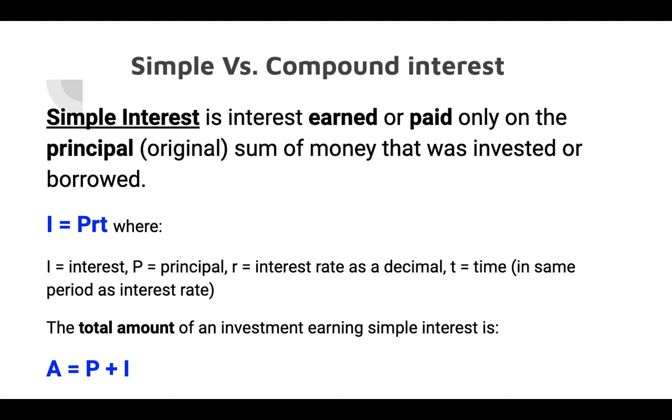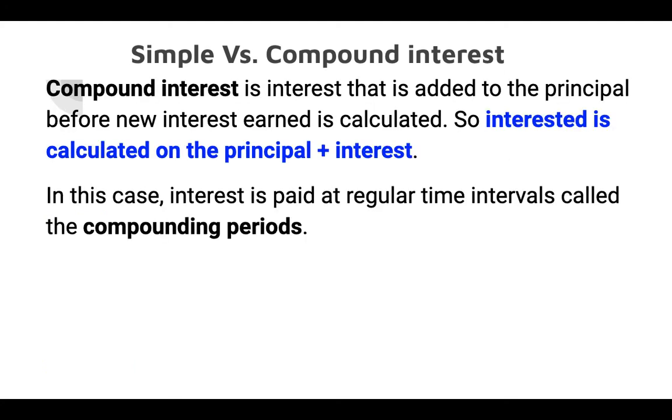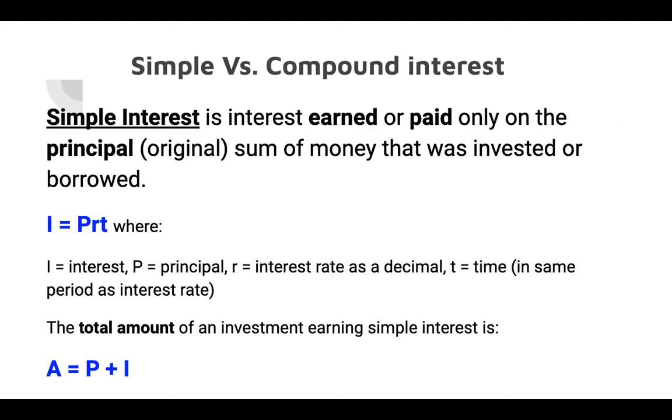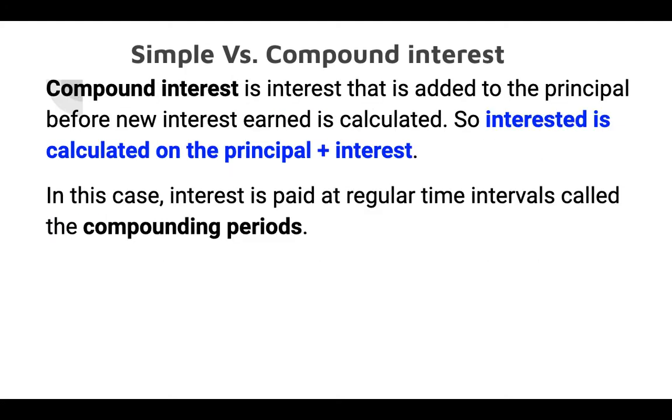Okay, compound interest is interest that is added to the principal before new interest is earned or, what's the opposite of earned? Paid. There we go. Earned or paid is calculated. So interest is calculated on the principal and then plus the interest.